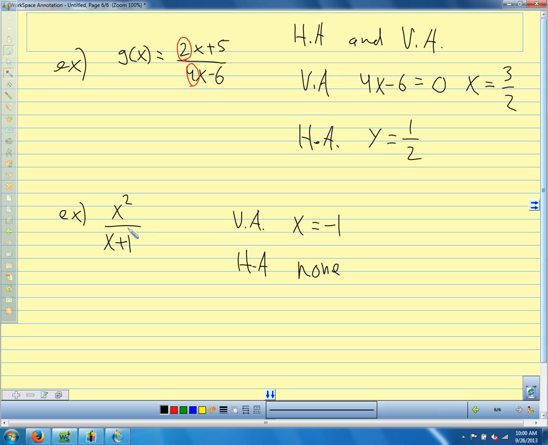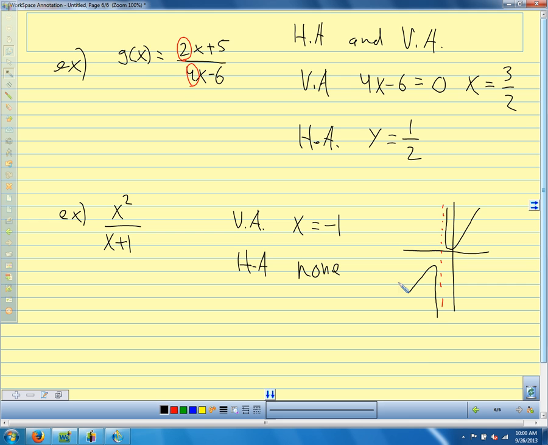Turns out that this particular rational function has a slant asymptote. And if I graphed it, it would look something like this, just a quick sketch. So there's my vertical asymptote, and the graph does this. Looks like that.